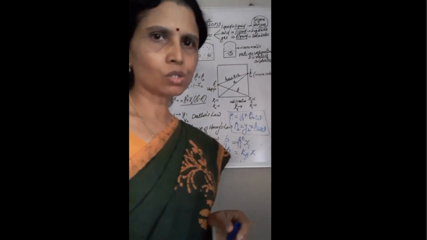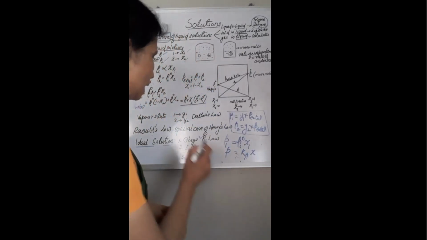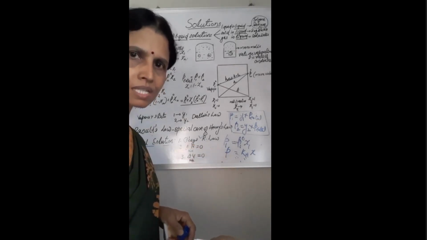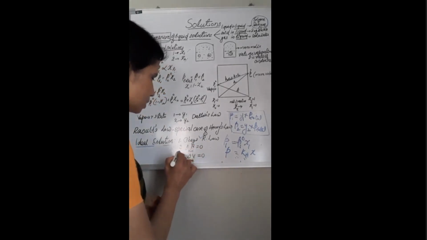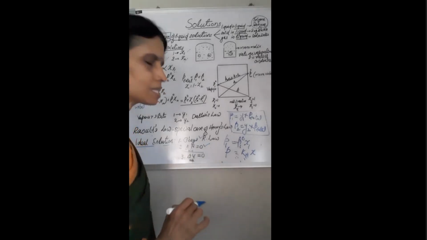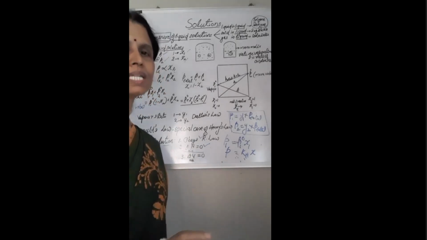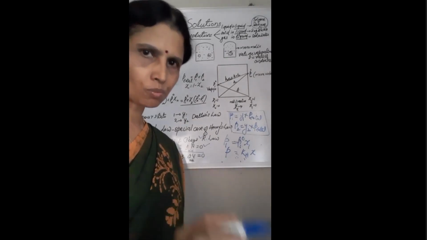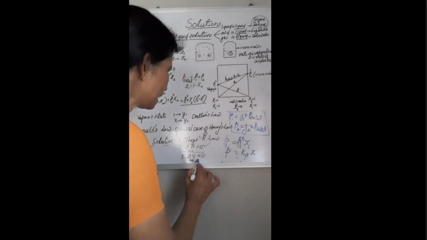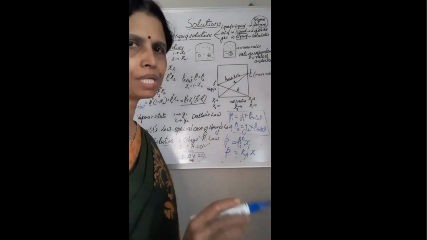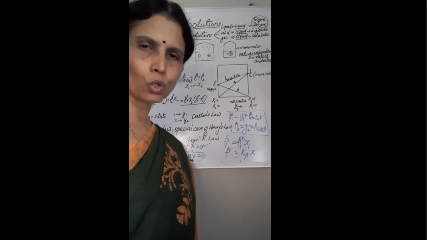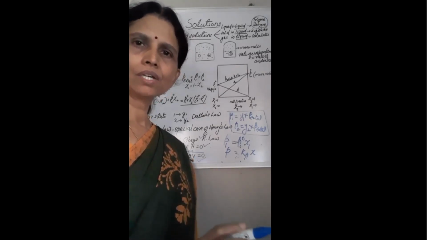So for an ideal solution, the conditions, if we consider, it should obey Raoult's law over the entire range of concentration, and for such a solution delta H mixing must be 0, that is there should not be any release of heat or absorption of heat, and delta V mixing must be 0, and that means there should not be an increase in the volume or decrease in the volume.